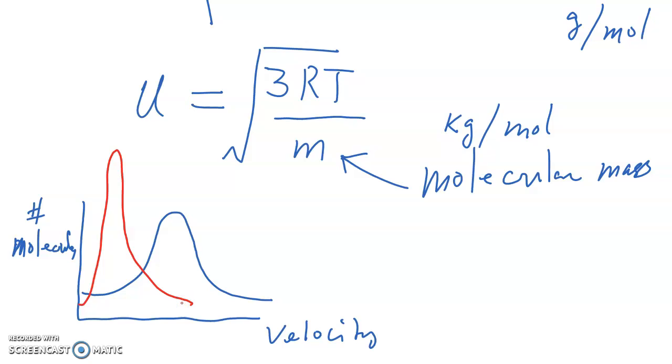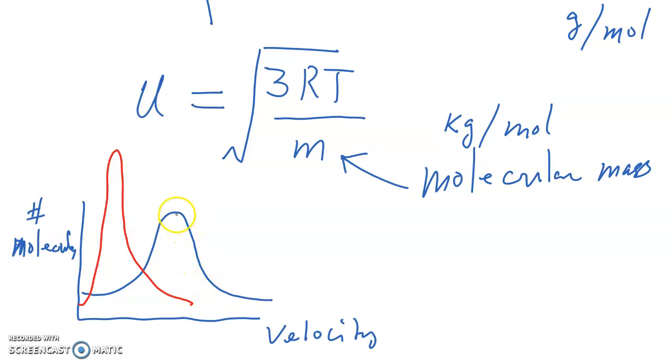The question will be, which one will have a higher molecular weight? Let me repeat the question. Here is a plot of two different gases, the number of molecules versus velocity. I would like to know which gas will have a higher molecular weight.